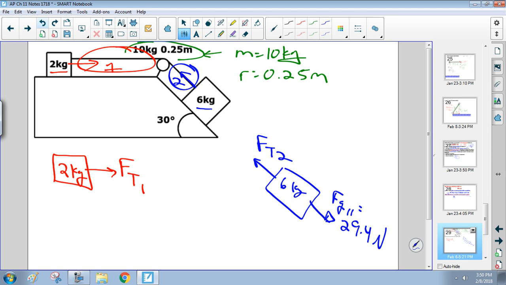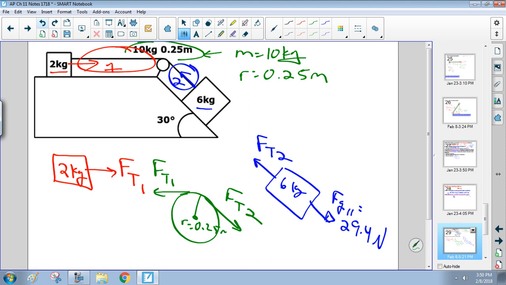And then finally, the pulley. So now we've got this pulley, and there are 2 forces, and thus 2 torques applied to it. There's the force of tension 1 providing a torque, and there's the force of tension 2 providing a torque at a radius of 0.25 meters.